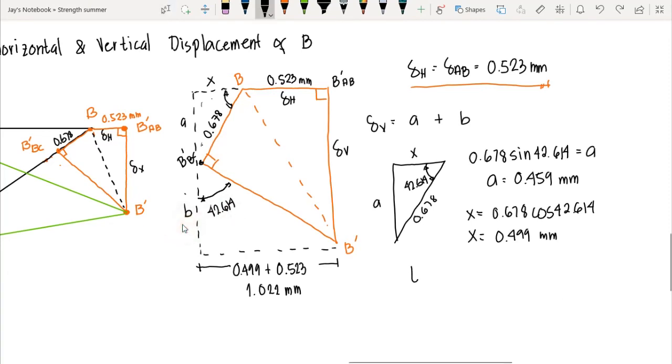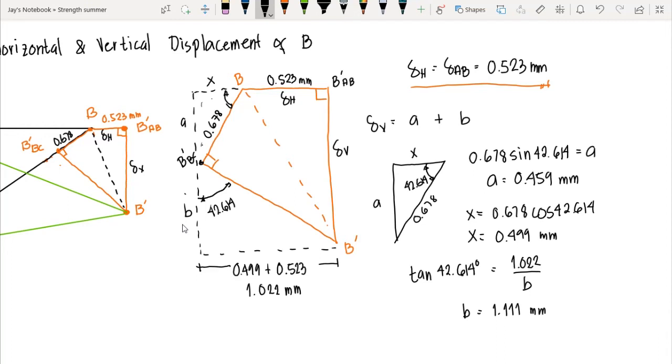And that is just the tangent of 42.614 degrees, which is equal to the opposite, 1.022, over the adjacent B, which is unknown. So B here is equal to 1.111 millimeters.